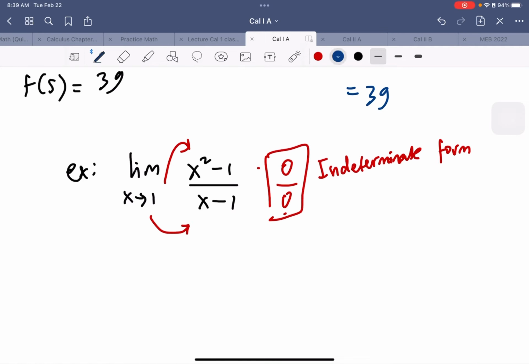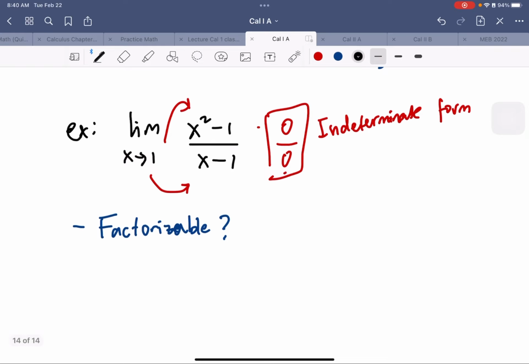The first method is to try to factorize. Is it factorizable? Then you can factorize first, or you simply put, you can manipulate the algebra.